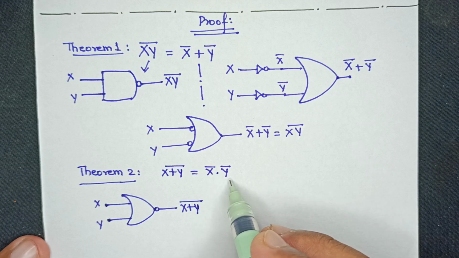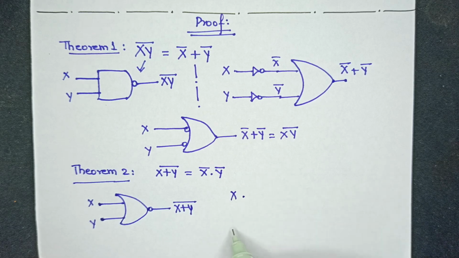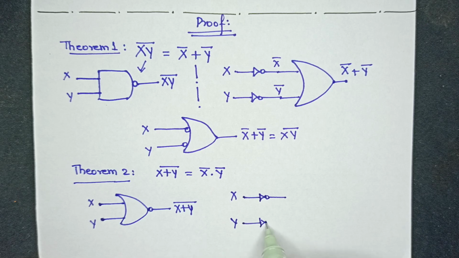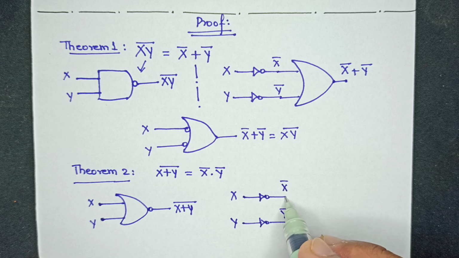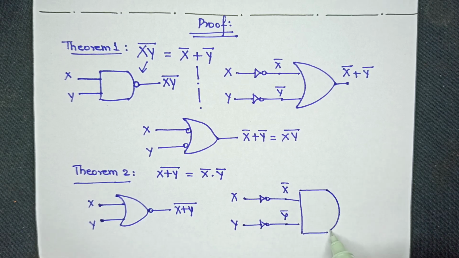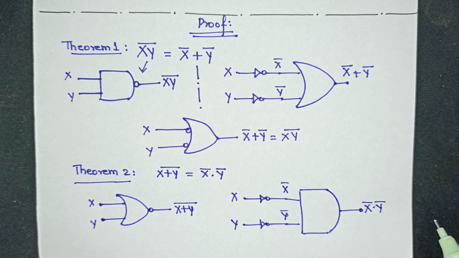And if you want x bar dot y bar, clearly what you first need is an input x and input y, and let us apply an inverter gate onto this side. When we apply the inverter gate on this side, this becomes x bar and y bar, and let us now add an AND gate onto it, and then this would be equal to x bar dot y bar.